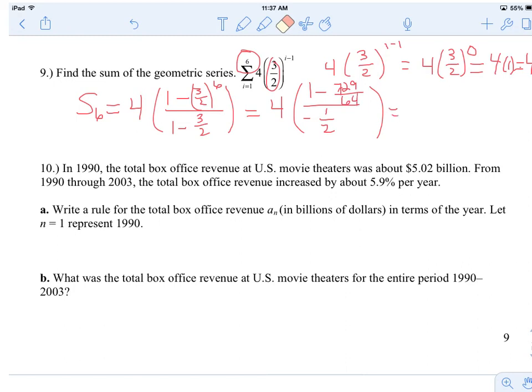So you get 4 times, if you simplify the numerator, negative 665 over 64, divided by negative 1/2.